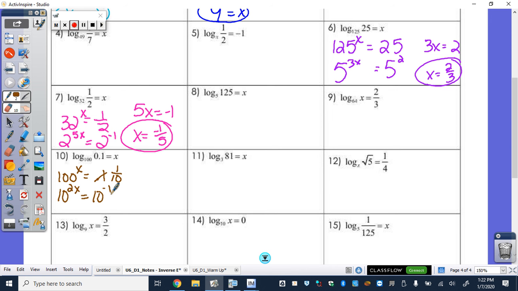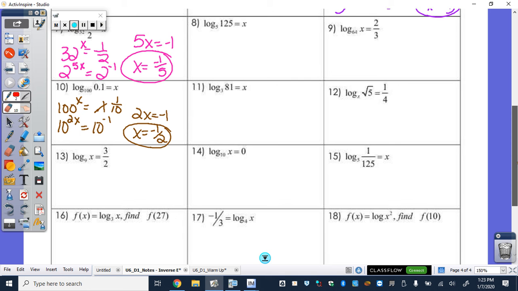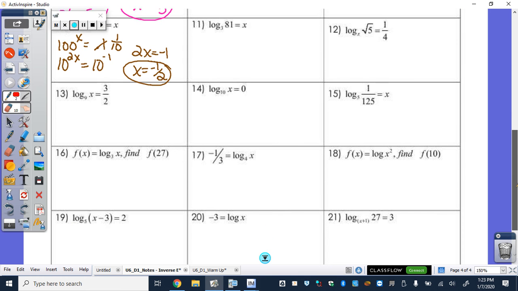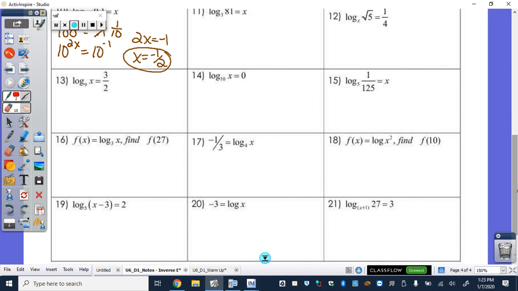And then our exponents can be equal. So x is -1/2. All right, let's go to 16.